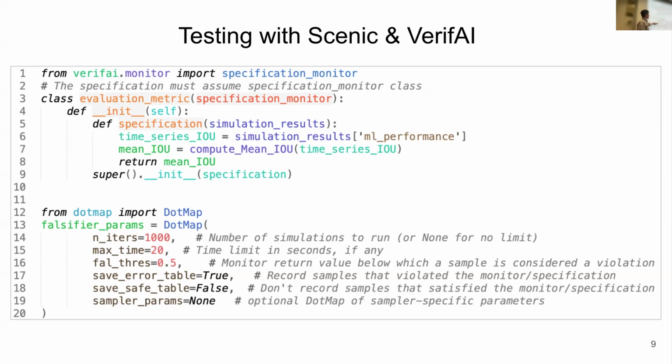So if it's above 0.5, then it's success, lower, failure, those kinds of things. And also, do you want to save all the environment parameters that are sampled that result in failure into an error table? If you say true, then you'll get a CSV file at the end with all that information. And likewise for the save table, and so on.